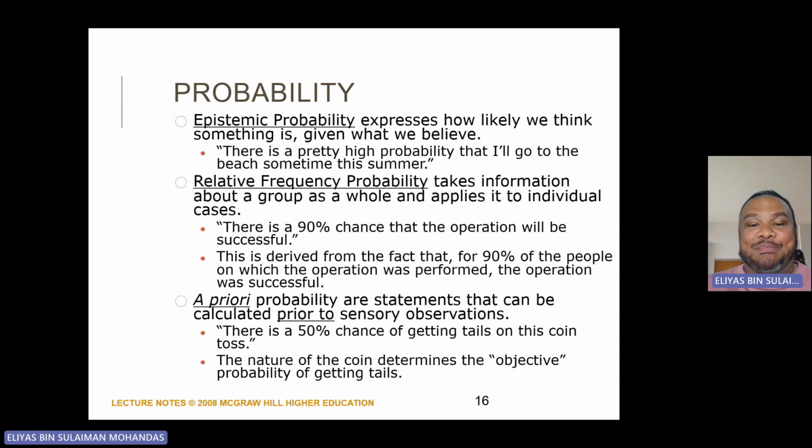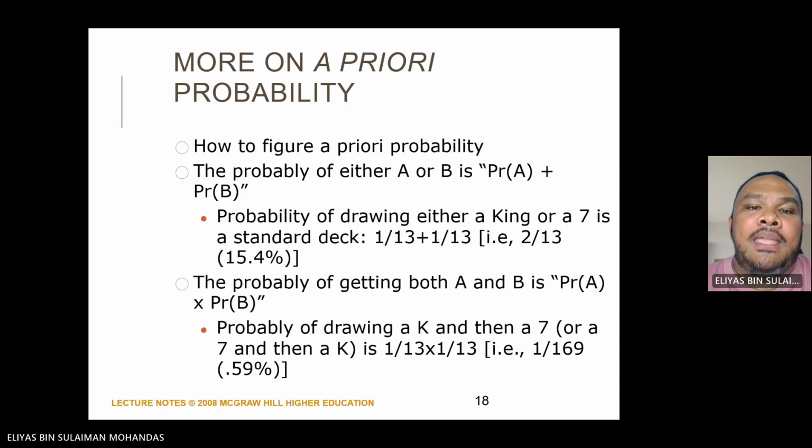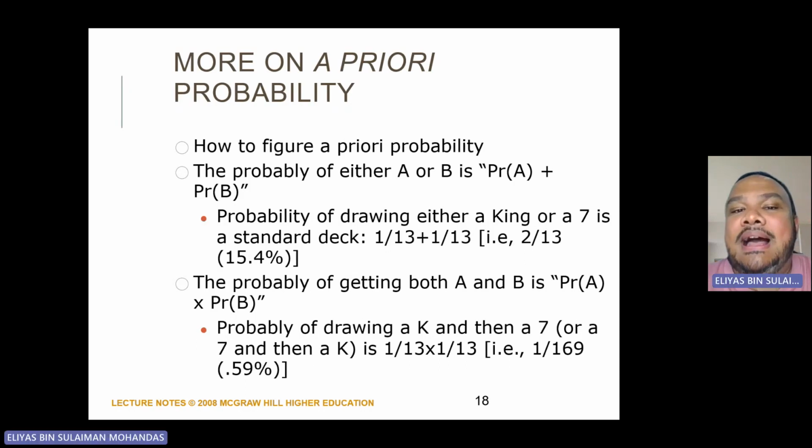So you can count them. When you can count the probability, that is what we call a priori probability. So these are some of the clues for you to understand better about a priori, epistemic, and frequency probability. They have appeared in exams before.